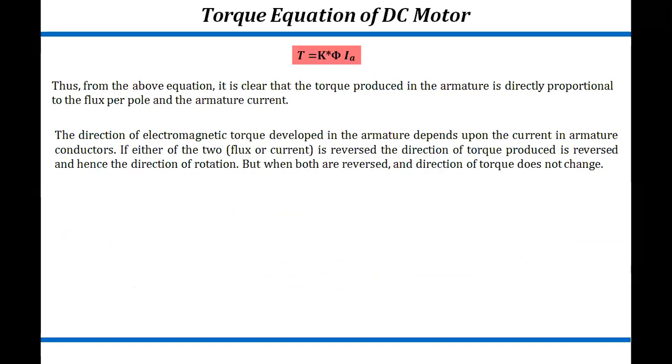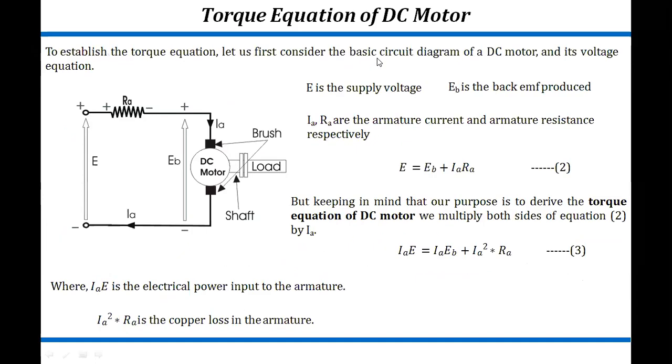Here these equations will be needed. Again, the torque equation, T = K phi Ia, will be needed. And when we are calculating the supply voltage for the DC motor, it will be the back EMF plus the voltage drop because of the armature, which we can take as Ia Ra. So V = Eb + Ia Ra.